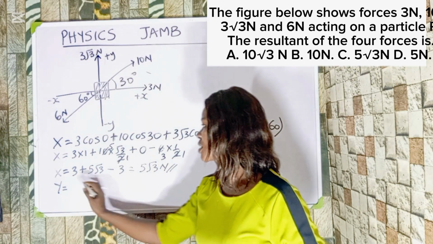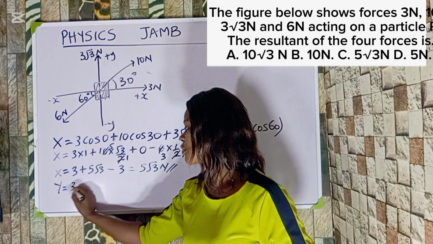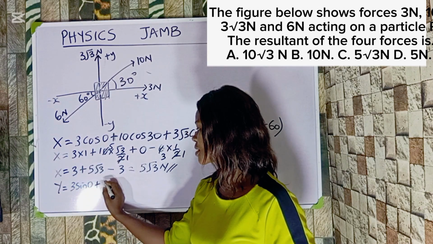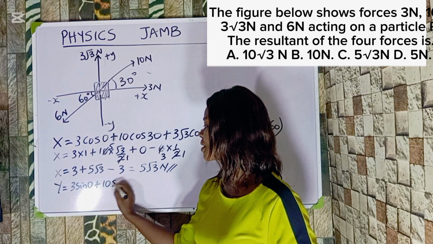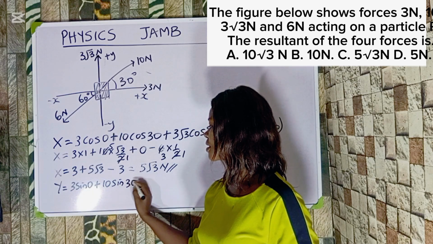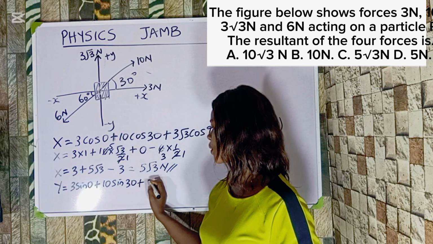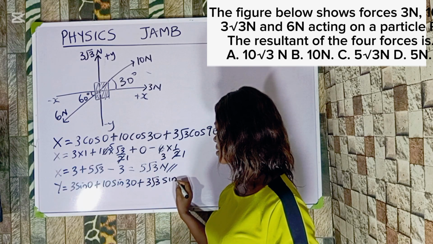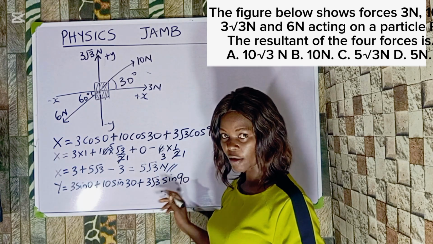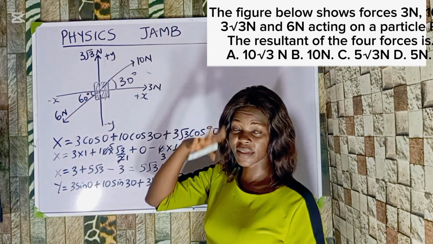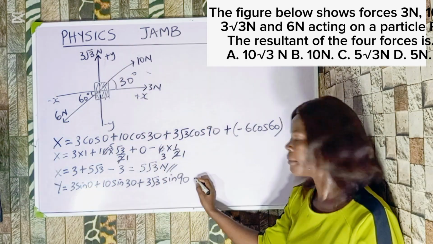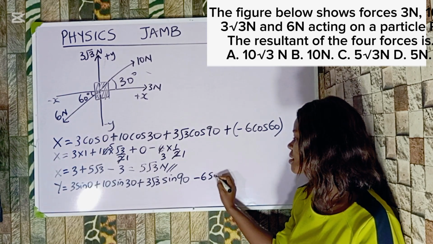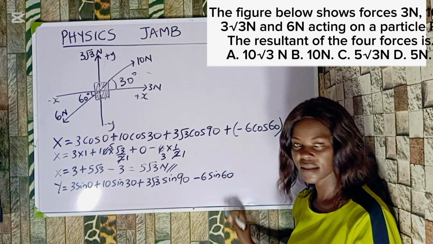So this is 3 sine 0 plus 10 sine 30 plus 3 root 3 sine 90. I hope you are getting it, because they are all on the positive side of y. Then minus 6 sine 60. Do we understand?